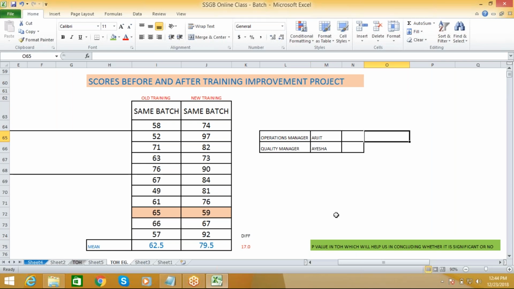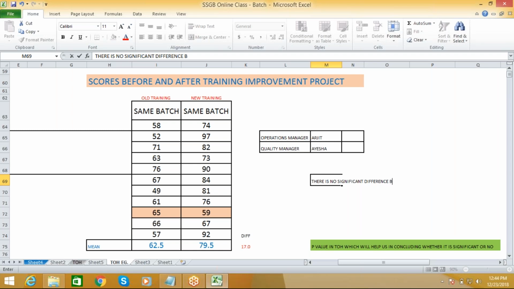Now, the next thing is, let's put the two hypotheses. So what are the two hypotheses? One of the hypotheses is there is no significant difference between the average scores. Okay.